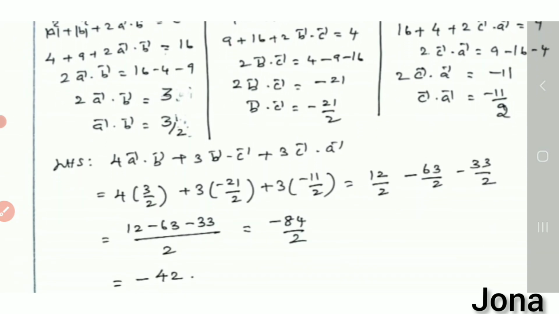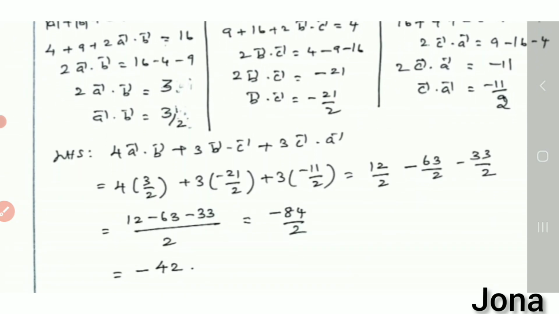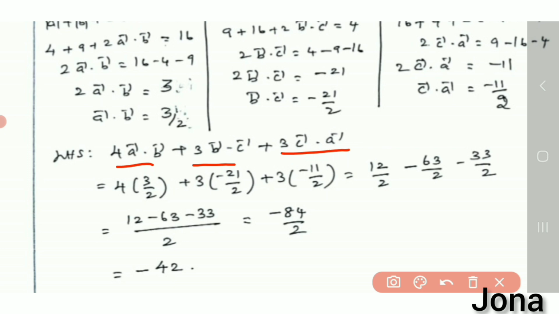Okay, we want to find the value of 4 into A dot B plus 3 into B dot C plus 3 into C dot A. So let me substitute all the values here. So 4 into 3 by 2 and 3 into minus 21 by 2 and 3 into minus 11 by 2 here. And then simplify this.